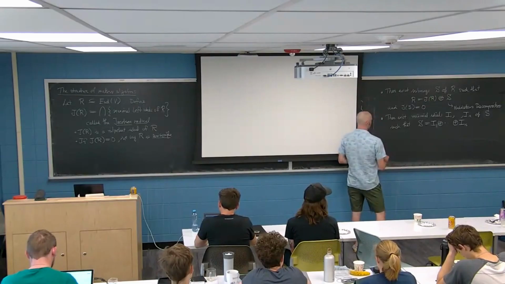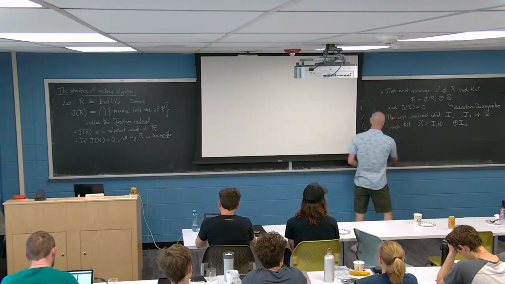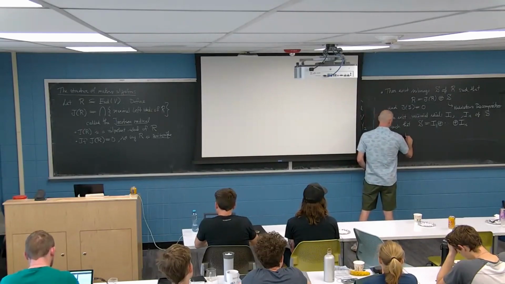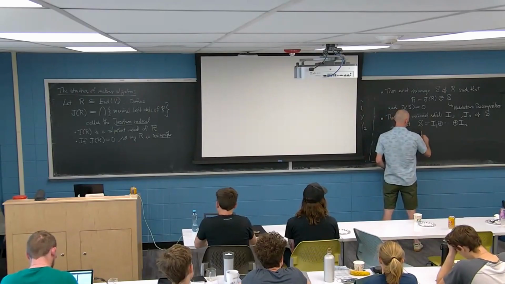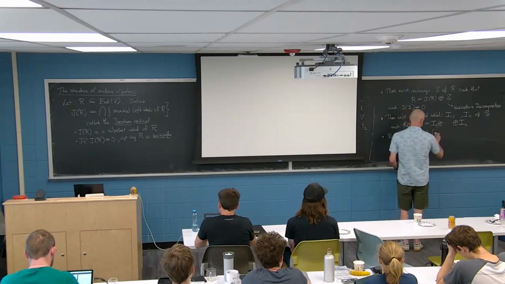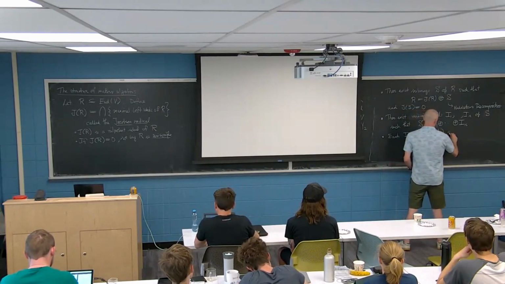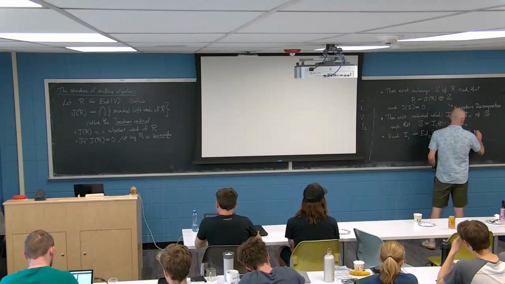So we also have some control over what these ideals are. The last part of this is that each I sub j is equal to End_D of, let's say, D^m, where D is a division ring.